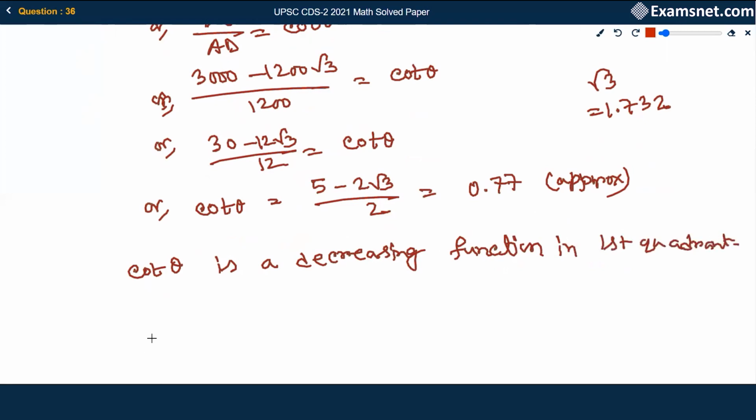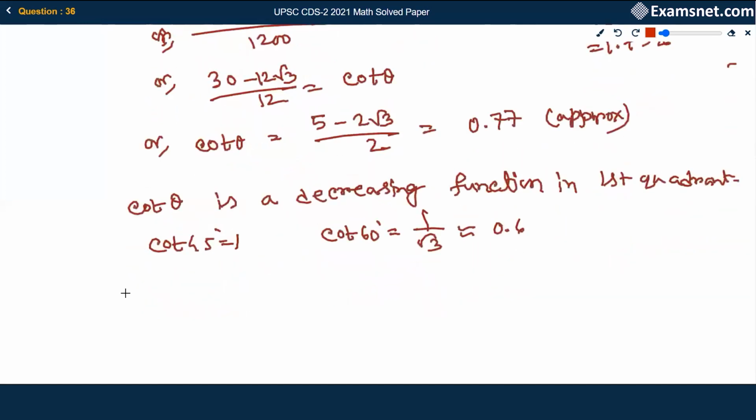Okay, and cot 45 degree gives us value 1, whereas cot 60 degree gives us 1 by root 3, near about 0.6. So we can see cot 45 degree is greater than cot theta, which is greater than cot 60 degree.